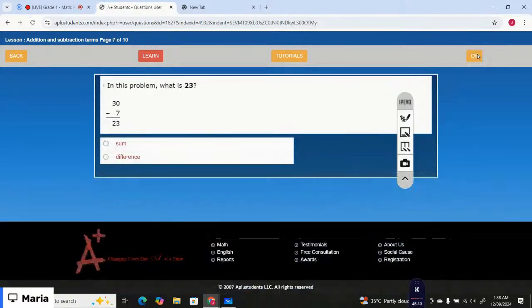In this problem, what is 23? 30 take away 7 is 23. So which is the correct option? Yes, that is the difference, right? Because you're subtracting 30 and 7.